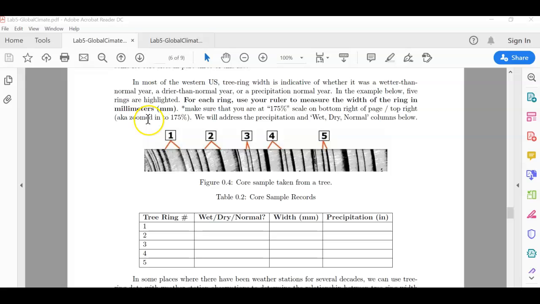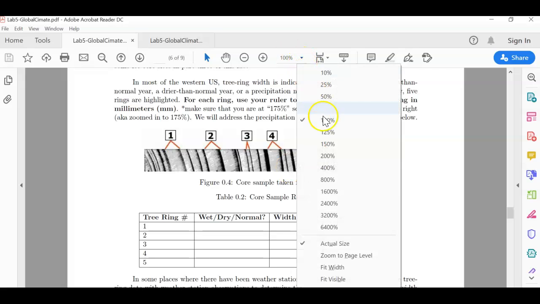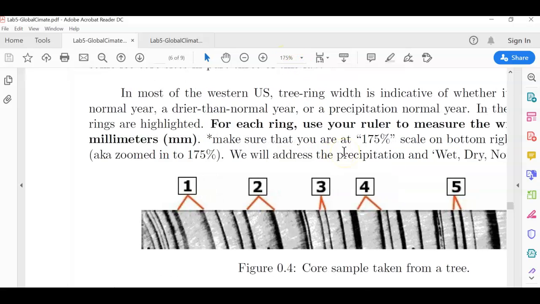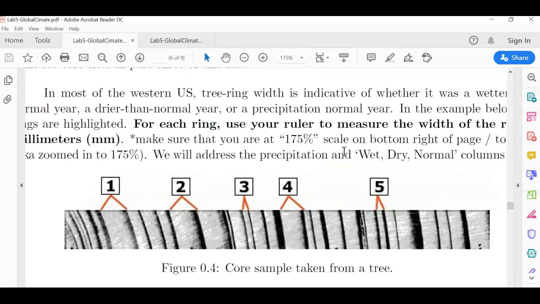As you're seeing here, I only have it at 100. If you print this out, it should be just as it's printed, but if you are doing this on your computer, go ahead and put it at 175, in order for you to get the appropriate numbers.